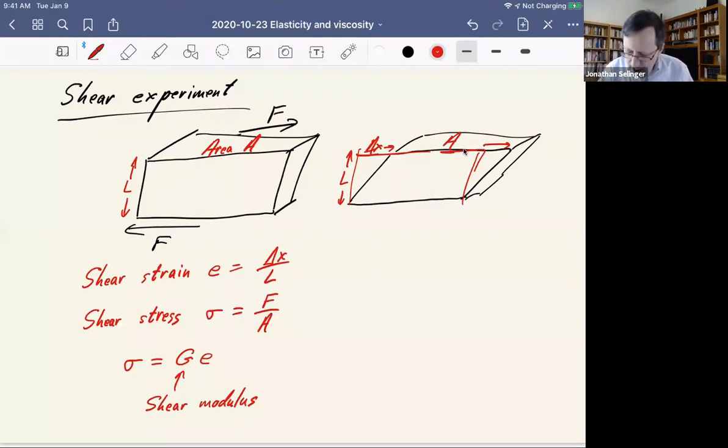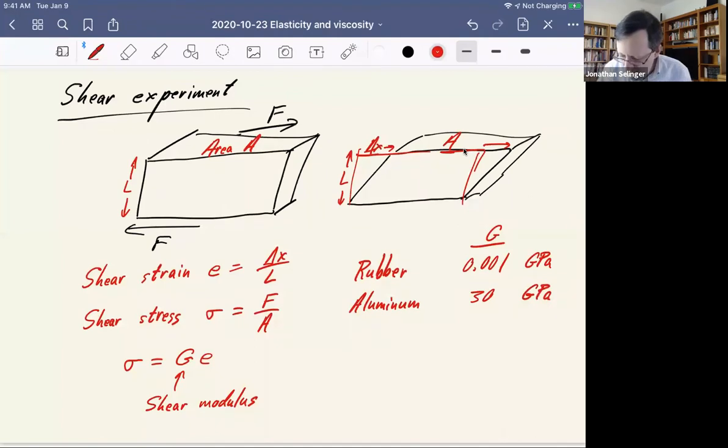Some examples that I looked up: rubber has a shear modulus of 0.001 gigapascals, aluminum 30 gigapascals, and diamond 500.